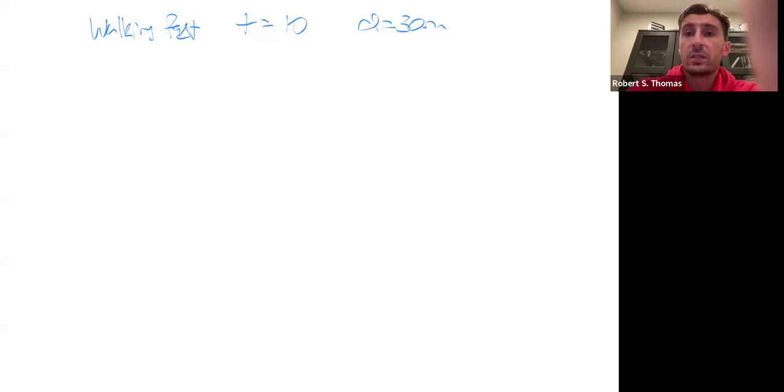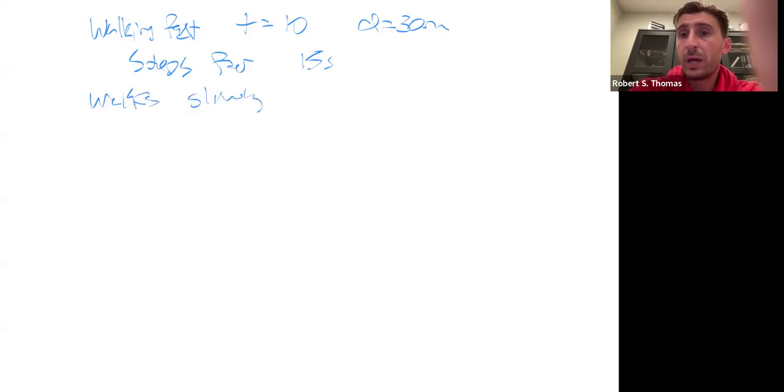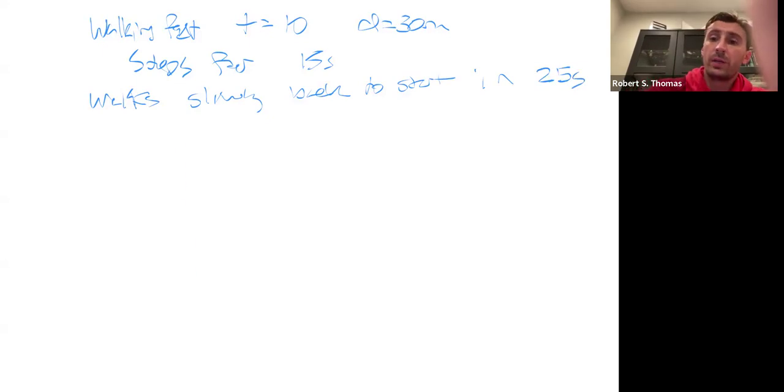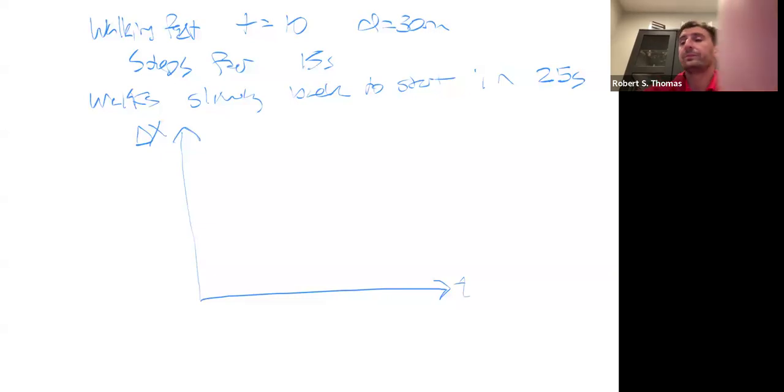And let's say he stops for 15 seconds and walks slowly back to the start in, let's say, 25 seconds. And what you're going to be asked to do is calculate a displacement versus time graph.